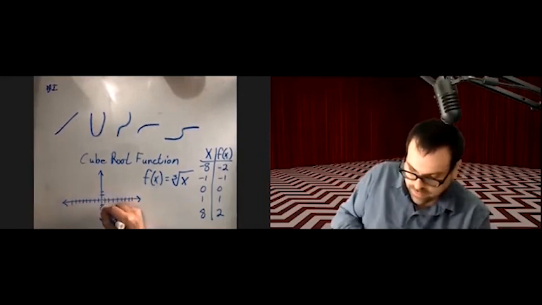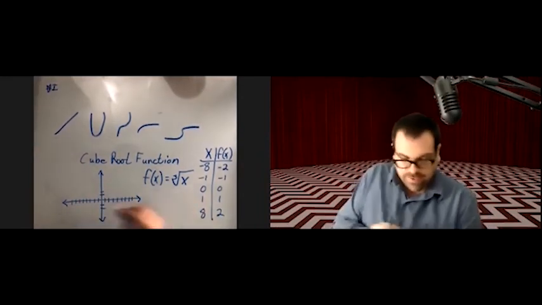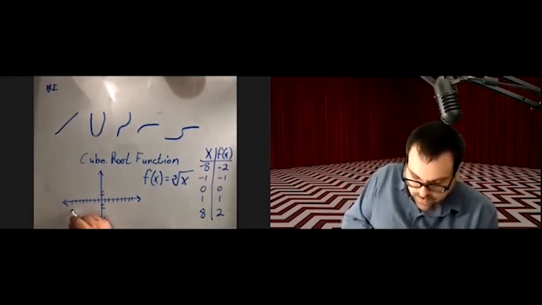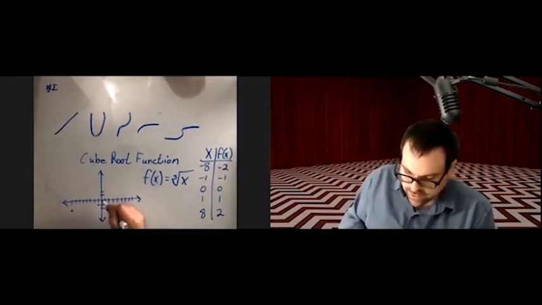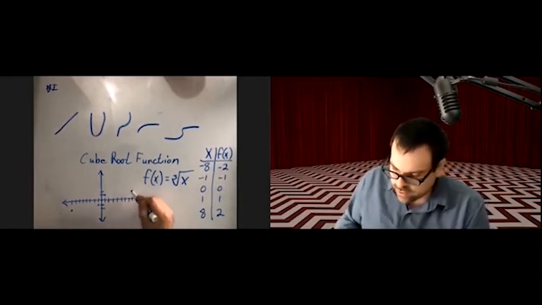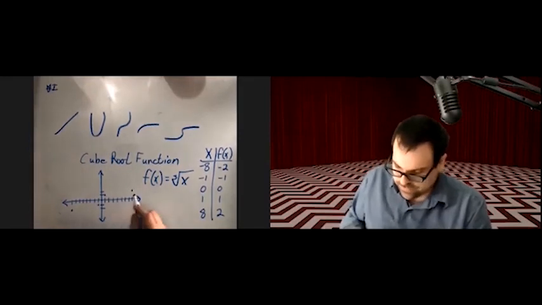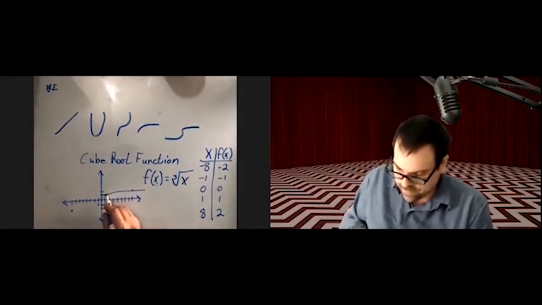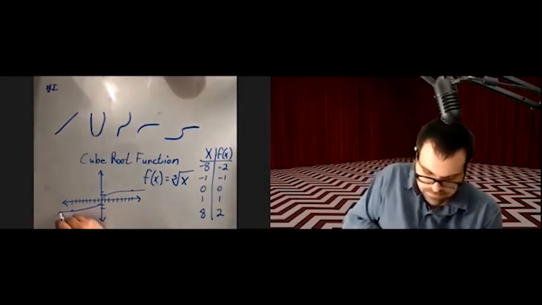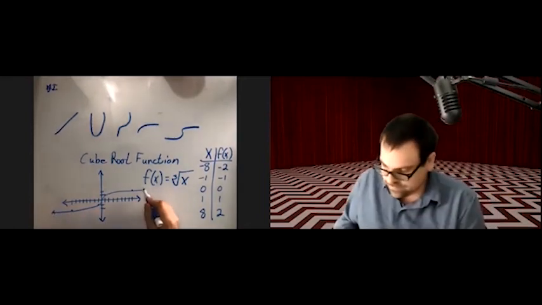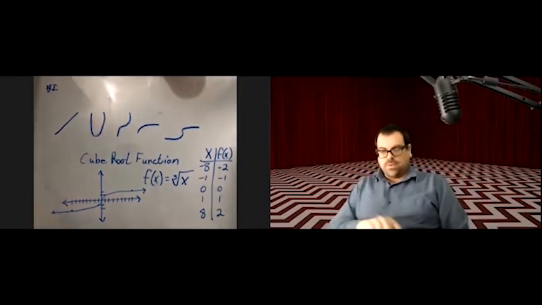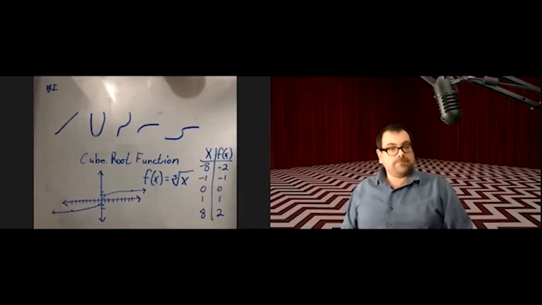I need 2 up and I need 2 down. -8, -2. -1, -1. 0, 0. 1, 1. 8, 2. And that's the graph.